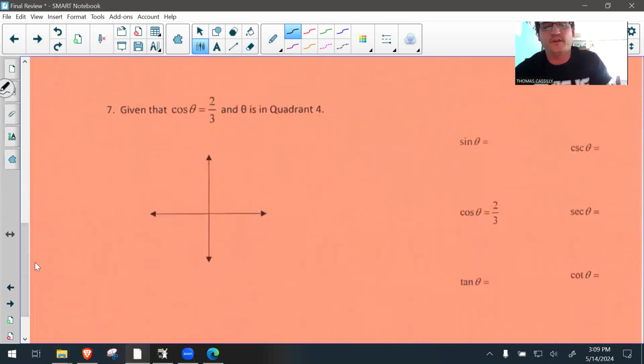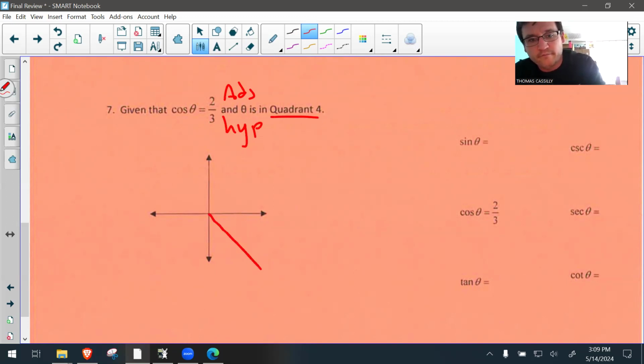Given that cosine is equal to 2 over 3. So remember, this goes with the adjacent and the hypotenuse. And then they're saying, hey, it's in quadrant 4. All right, so it's going to be down here. So let's just make our triangle like this. All right, we had the cosine, it's the adjacent. So here's a 2, here's a 3.